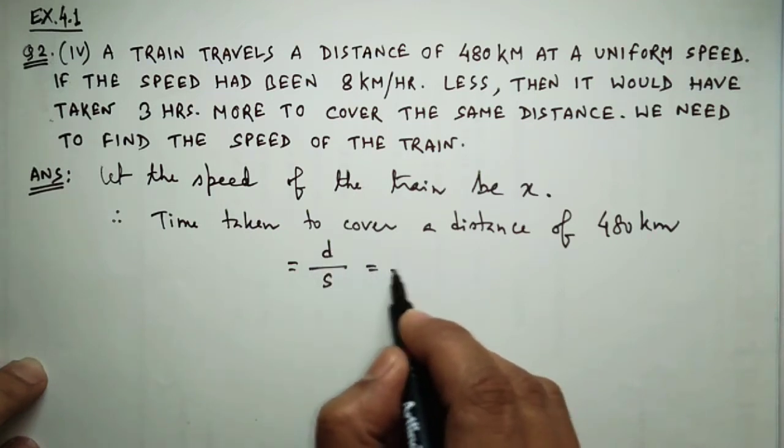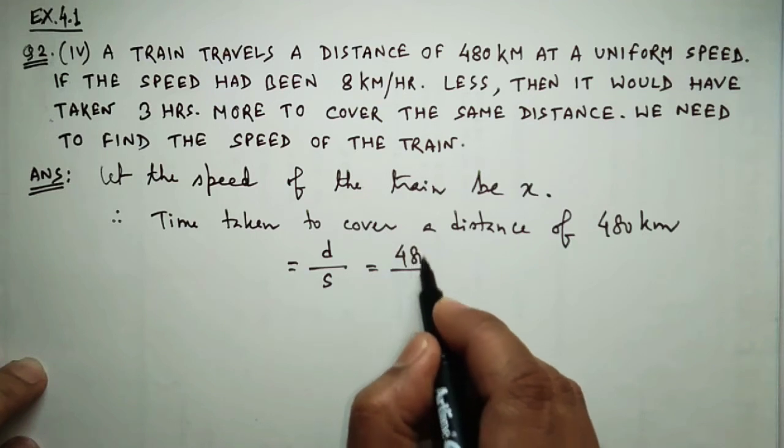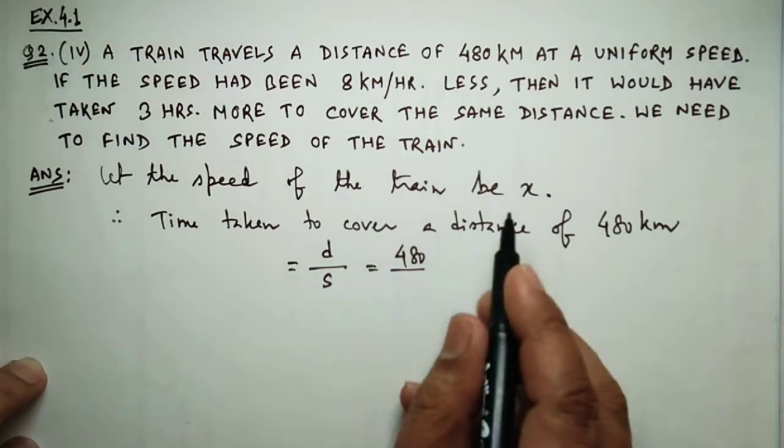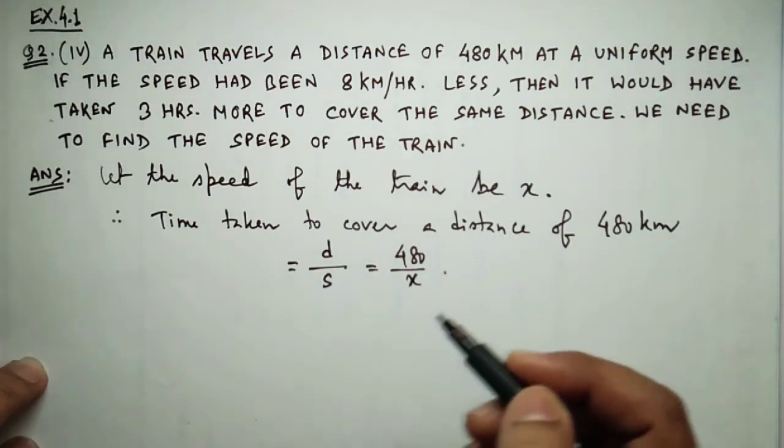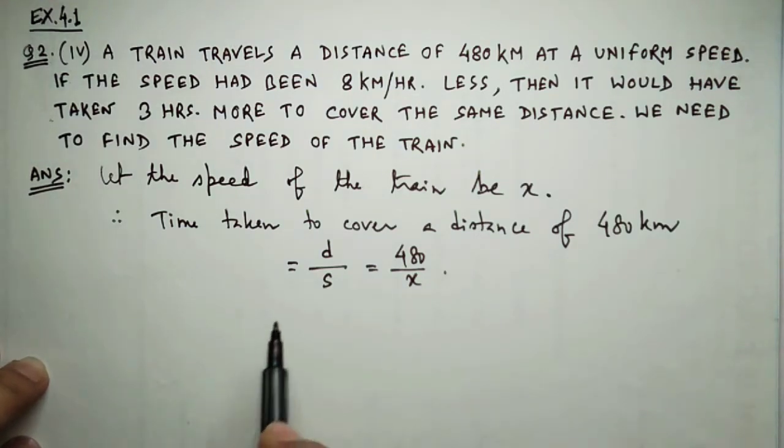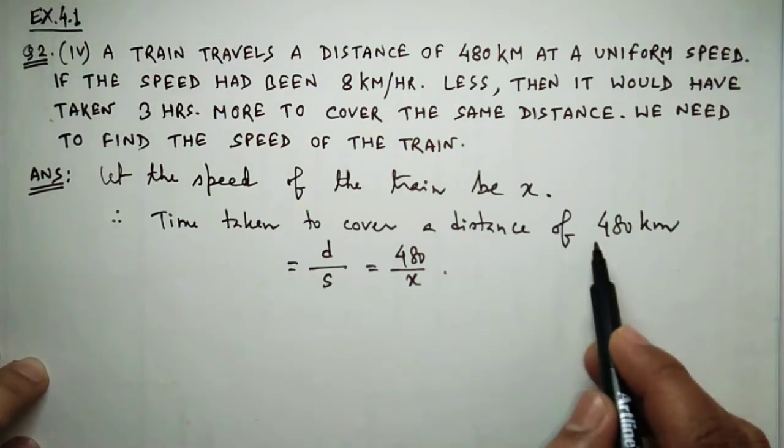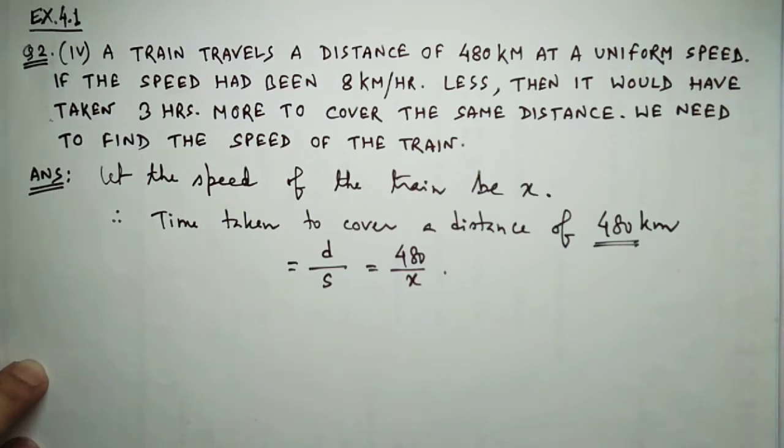So the distance is 480 kilometers and the speed we have considered as x. So 480 by x is the actual time needed to cover the distance of 480 kilometers.